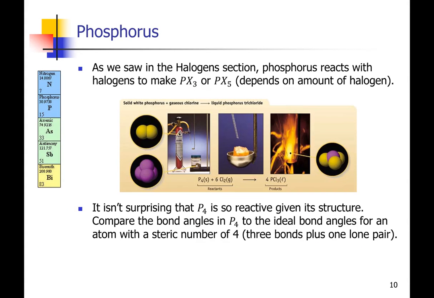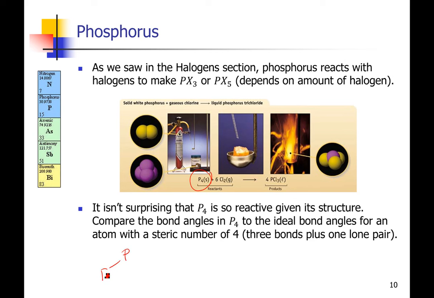In the halogens section, we addressed the reactions of halogens with phosphorus, and I introduced this idea that the phosphorus exists as P4 if it's white phosphorus. P4 is the most reactive form of phosphorus, which really shouldn't come as any great surprise when we remember what that structure looked like.